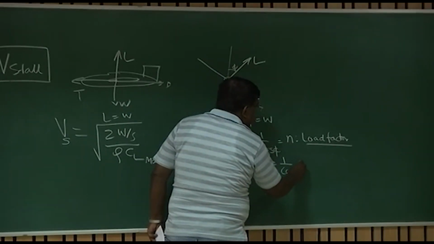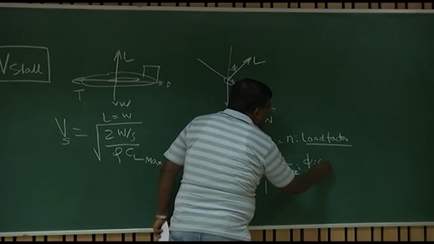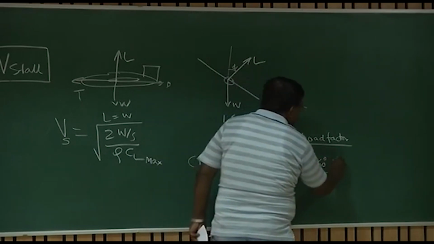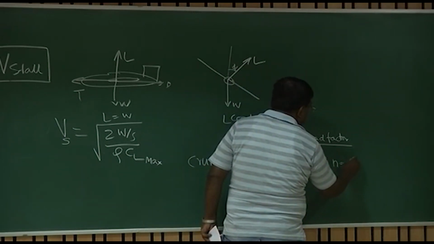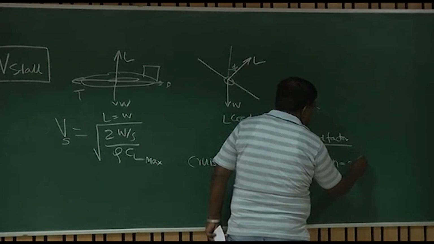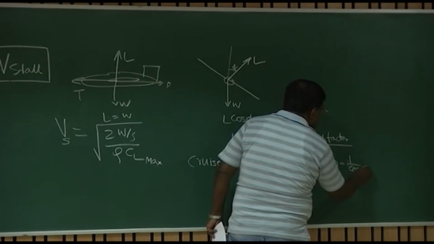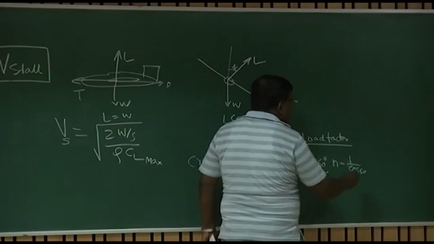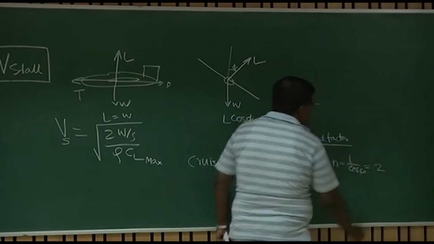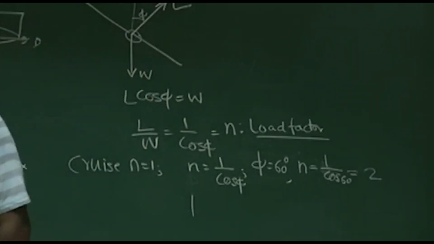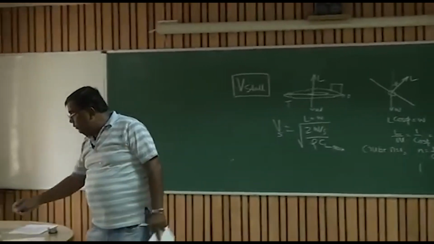That is, suppose bank angle is 60 degrees, then n is around 2. That is 1 by cos 60. Cos 60 is half, so this is equal to 2. You understand the meaning of load factor 2.